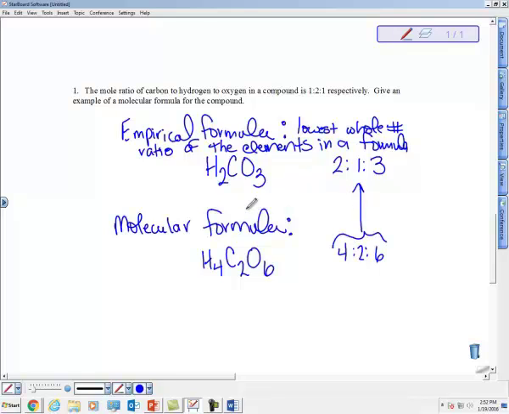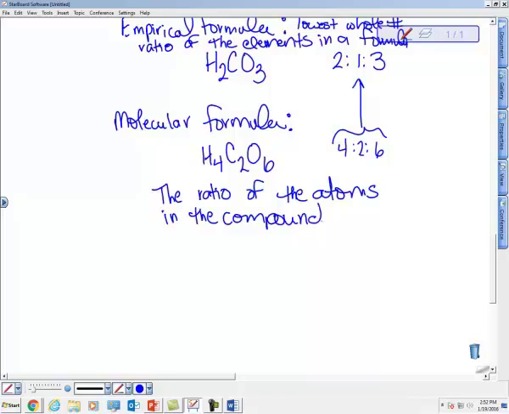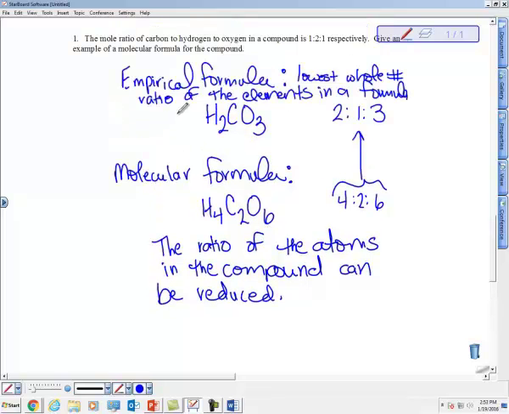So a molecular formula is a little bit different. Molecular formulas can be reducible, so the ratio of the atoms in the compound can be reduced. Alright, so that is just a quick definition. Empirical formulas are always the lowest whole number ratio, and molecular formulas can be reduced further.